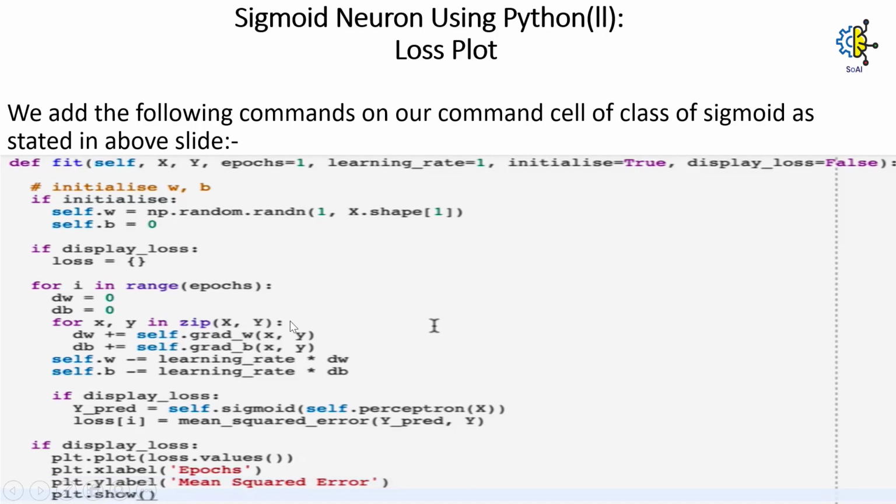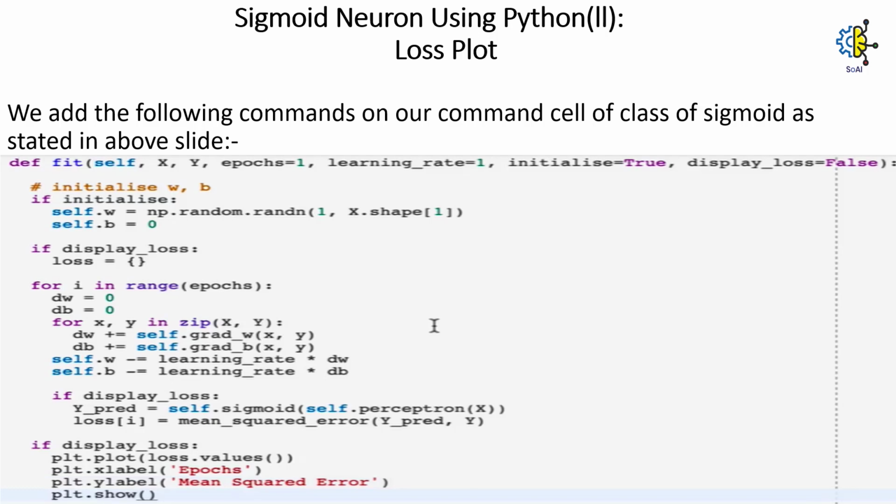After that, for x, y in zip(X, Y), dw plus equals self.grad_w with these parameters x, y. self.w minus equals learning_rate times dw. self.b minus equals learning_rate multiplied with db.